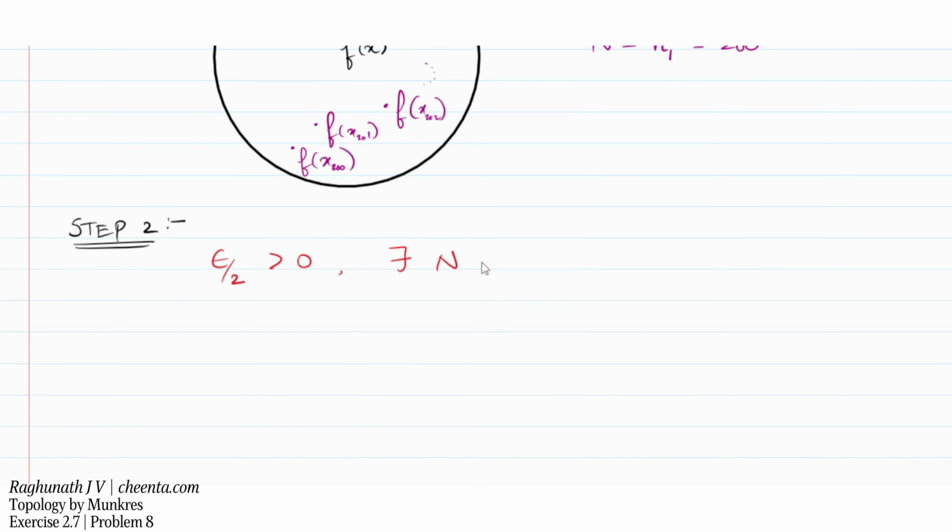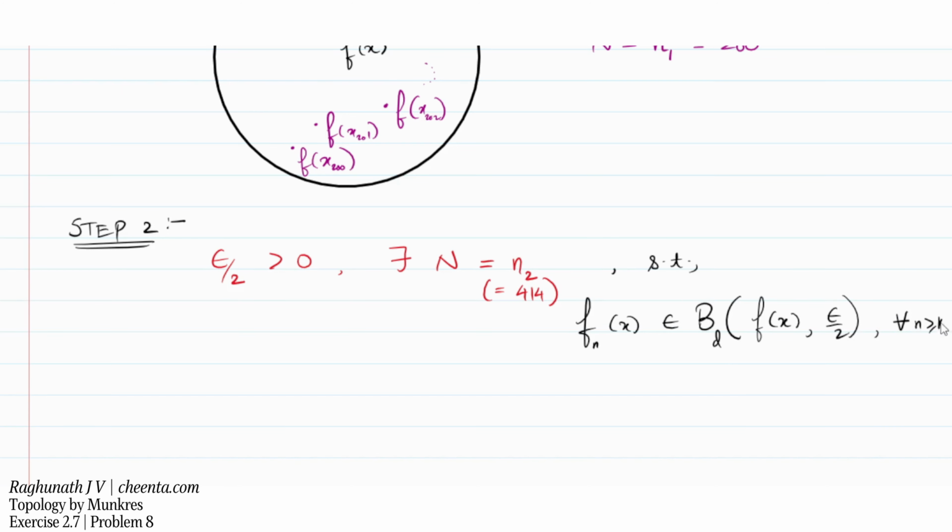Let us say that value is n2, and for example I will take 414. But anyways, let's also keep the general proof as it is. Let's say that is n2, such that fn of x belongs to the open ball in the metric around f of x with radius epsilon by 2, for all n greater than or equal to n2 and for all x in X.